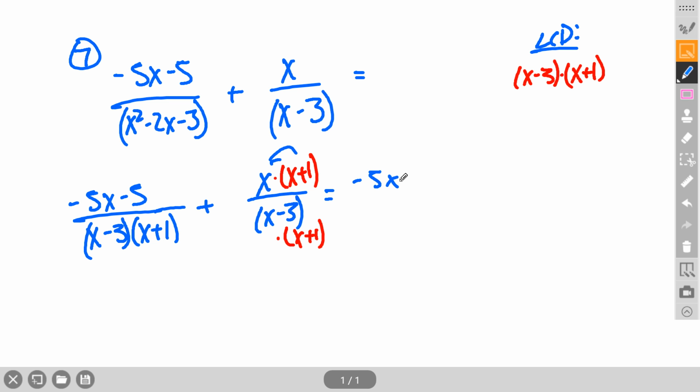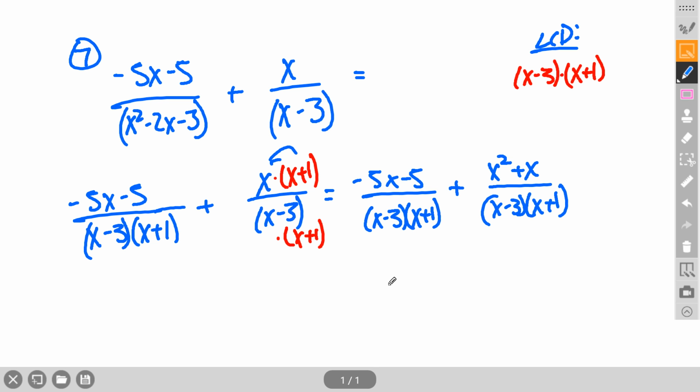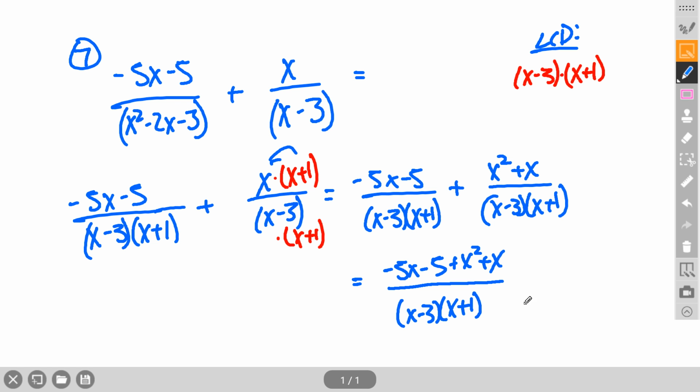So I got negative 5x minus 5 over x minus 3 times x plus 1, plus x squared plus x over x minus 3 times x plus 1. And now that they have the same denominator, I can just combine them over a single LCD and add the numerators, negative 5x minus 5 plus x squared plus x.